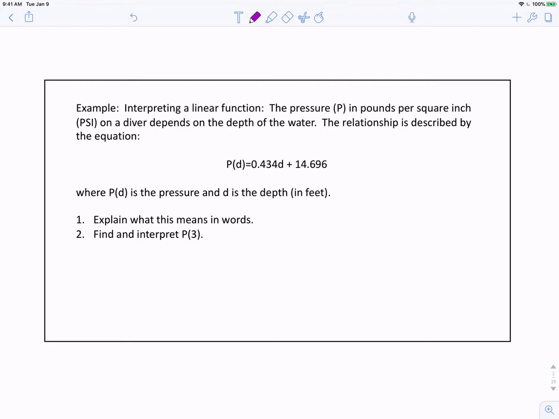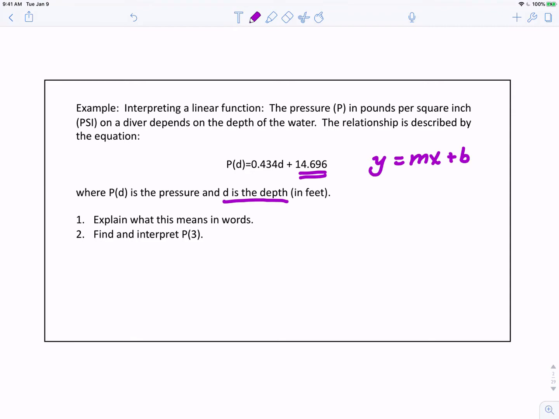So this is an example of a linear function. You might remember the form y is equal to mx plus b. So b, remember, is your y-intercept. That's the value of the function when x is equal to 0. So let's think about that for a second. What is our input variable? Our input variable is the depth of the water.